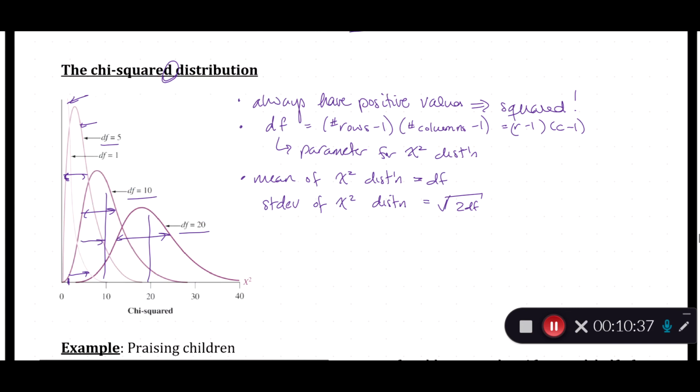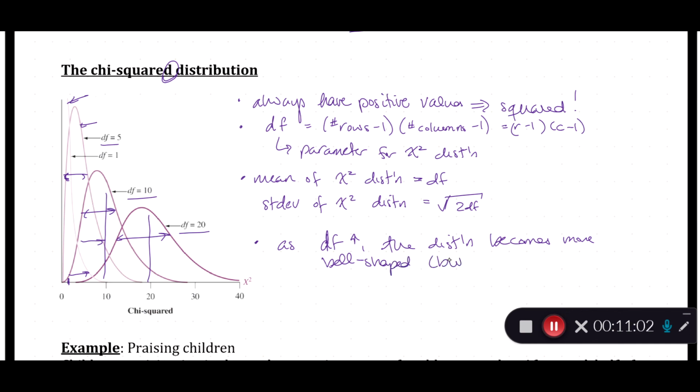So how do I make these decisions then when I have a chi-squared test? Well, we've just seen that first off, as the degrees of freedom increase, the distribution becomes more bell-shaped, becomes more unimodal and symmetric.